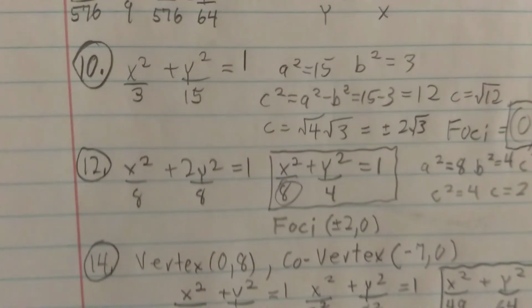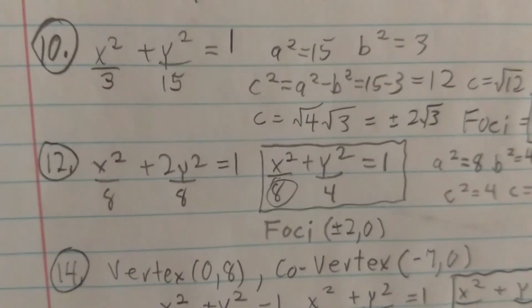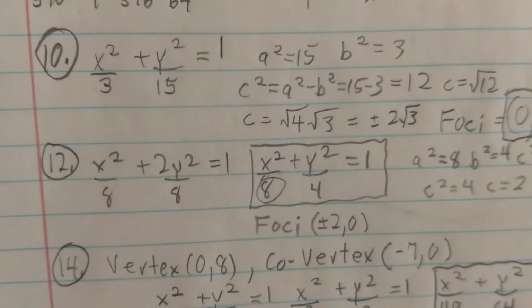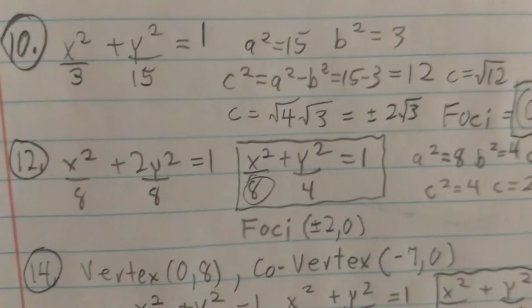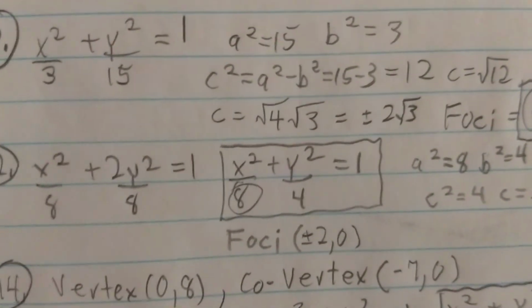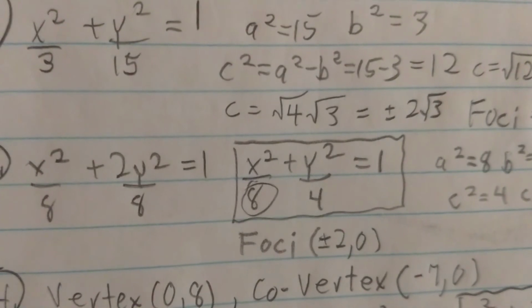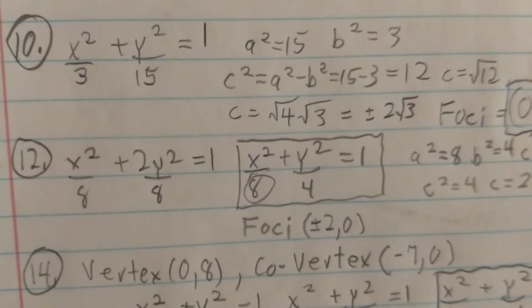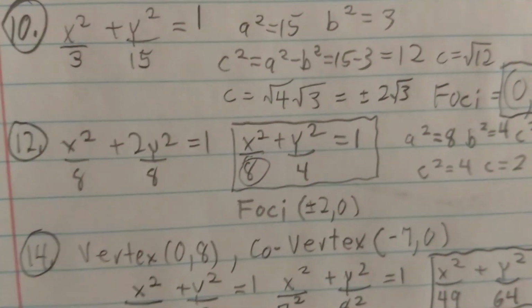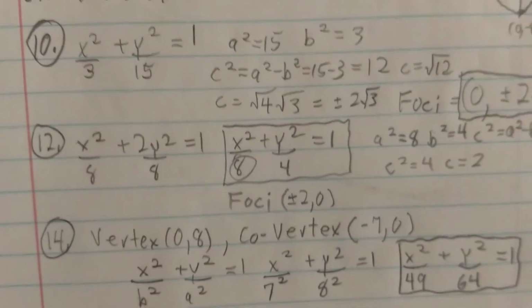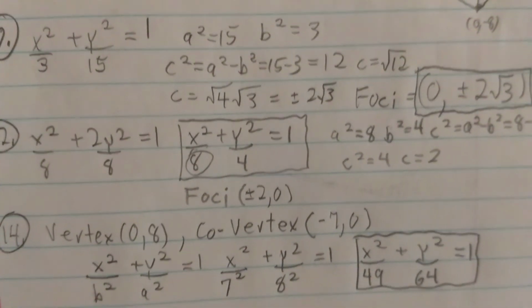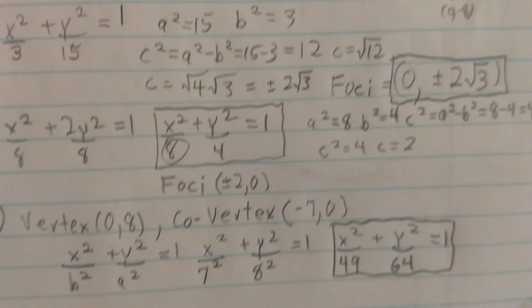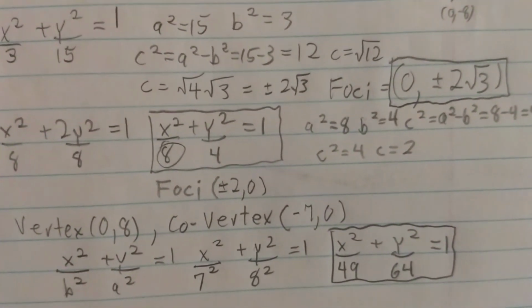So 10 is x squared over 3 plus y squared over 15, y is the major axis, equals 1. A squared equals 15, b squared equals 3. Now we'll look at finding the foci. C squared equals a squared minus b squared, or 15 minus 3, or 12, and c equals the square root of 12.